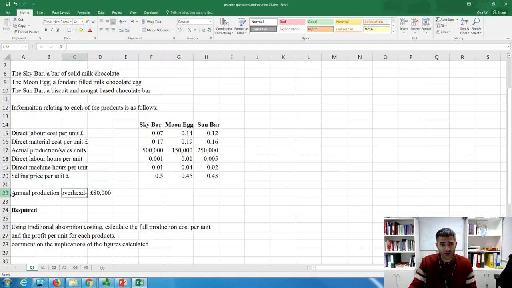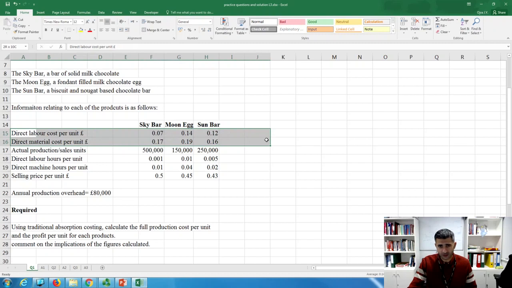Here you've got the fixed cost, or the annual production overhead. When I say production overhead, I mean anything related to production, indirect costs, overheads related to the production of the product, such as salaries, rent, etc. That's all to do with overheads, and this is our issue here. So if you look here, we don't have any problem, guys.